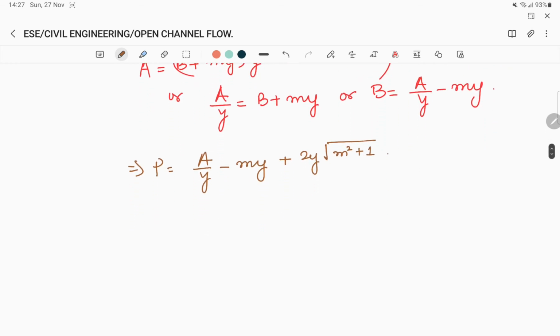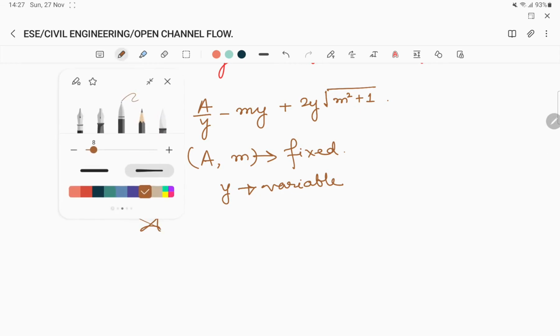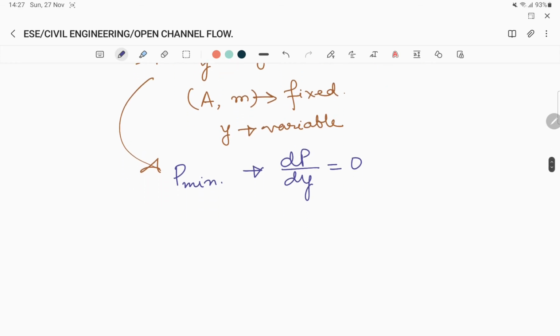Now let us differentiate. We have to keep in mind that here A and m are fixed. The only variable is y. So while differentiating you have to keep this in mind. Why are we differentiating it? We have to find P minimum. For P minimum, we put dP upon dy equal to 0.